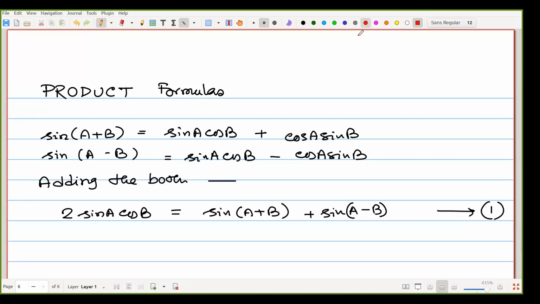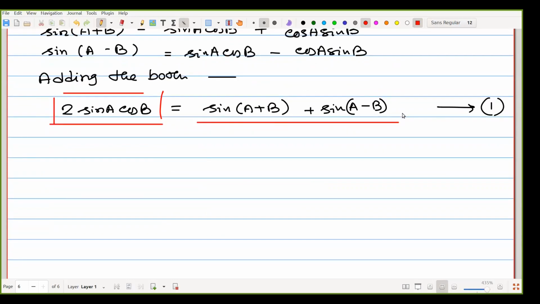So that means we need that one: 2 sin A cos B = sin(A+B) + sin(A−B). That is coming from our addition formula also.